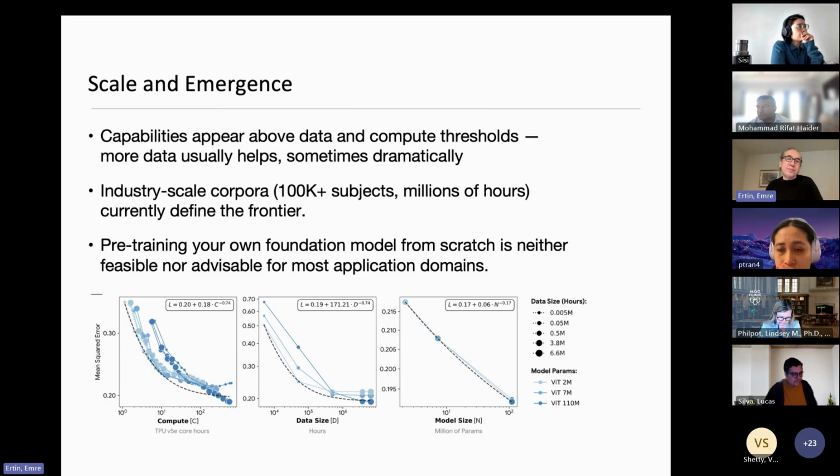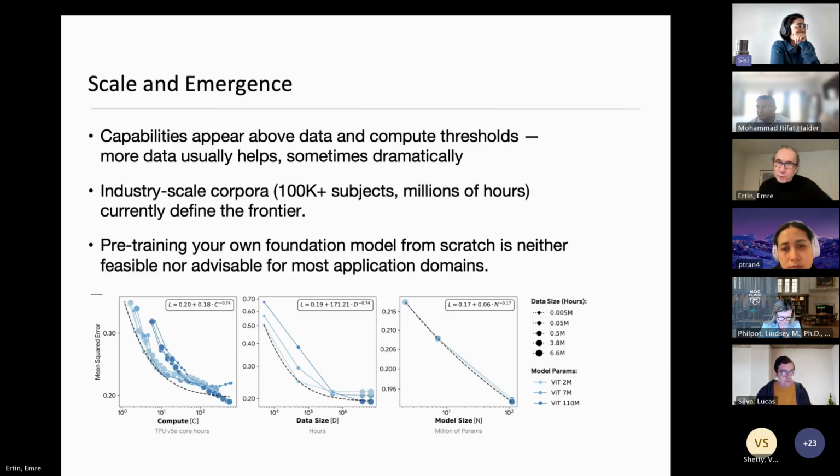Industry-level studies with hundreds of thousands of subjects and millions of hours revealed better performance scaling in all three dimensions. If you have more compute, you get better performance. With more training data, you get more performance, and bigger models will in general yield better performance as well.